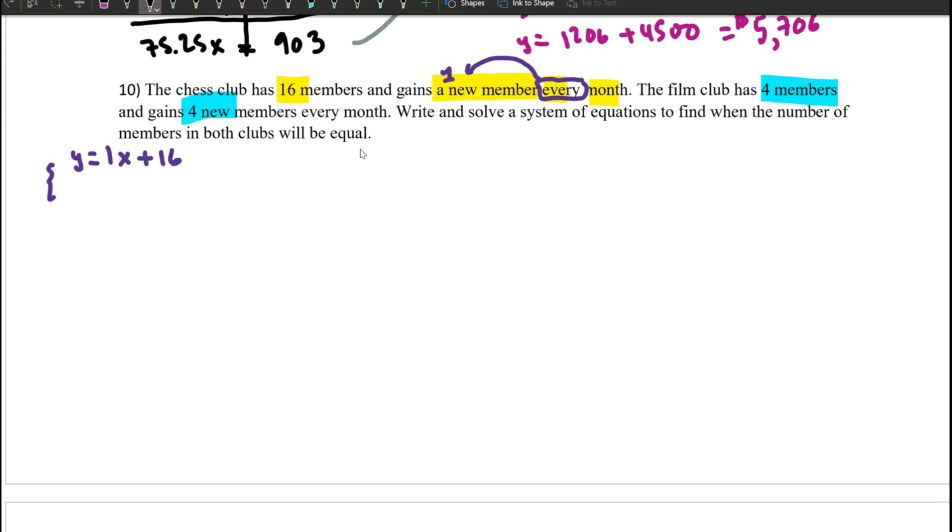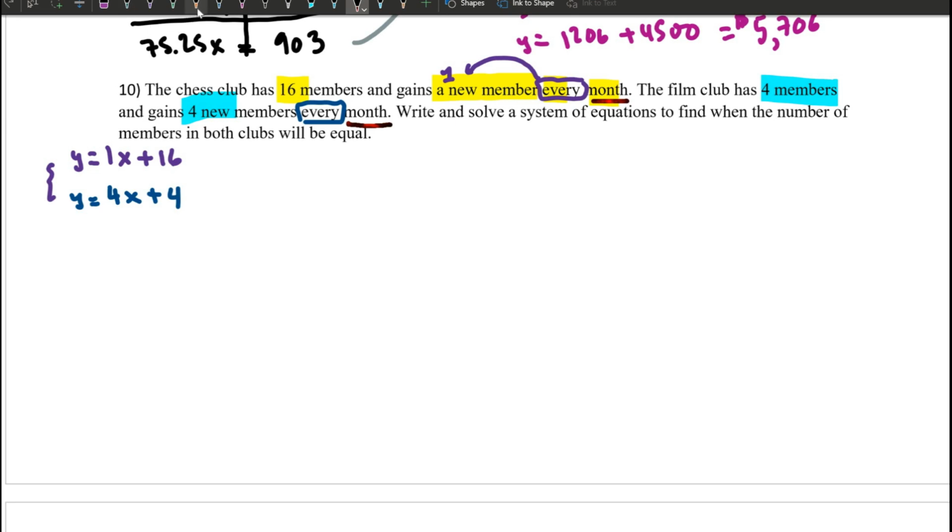The club has 16 members from the beginning. The second one, the film club gains 4 new members every month. So that will be 4x plus the original 4 members. What is your x? x will be month. So x is your month.